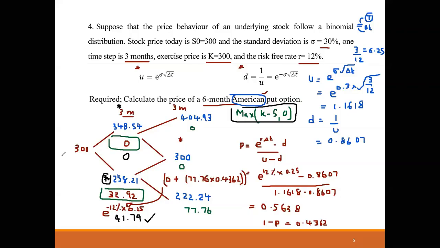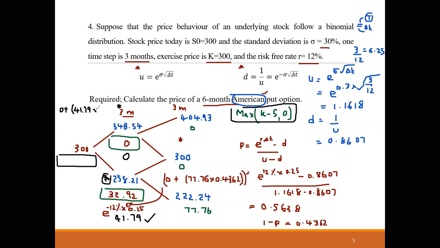So when you are calculating the put price, when you are taking the expected value at this point, you compare and take the higher value. So here it would be 0. If it goes up, the expected payoff is 0. If it goes down, you will decide to exercise it, so you take 41.79.